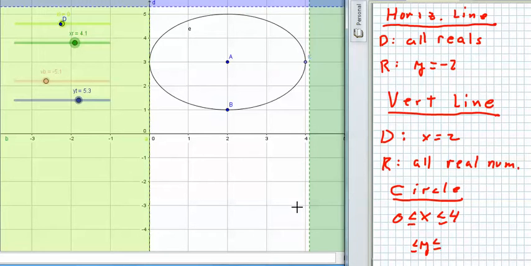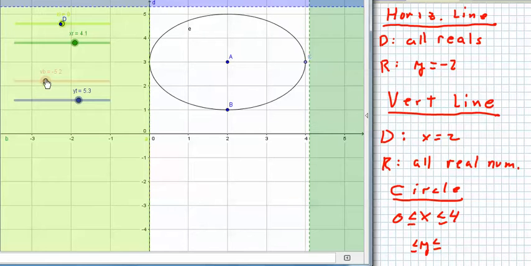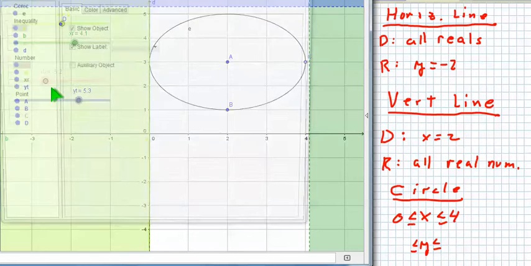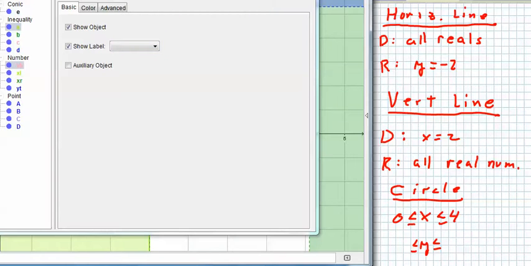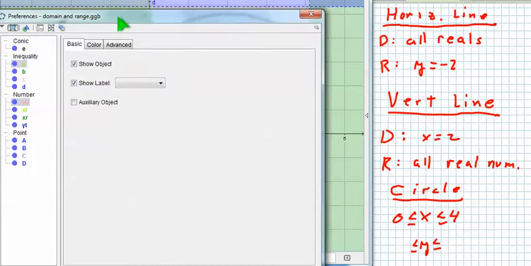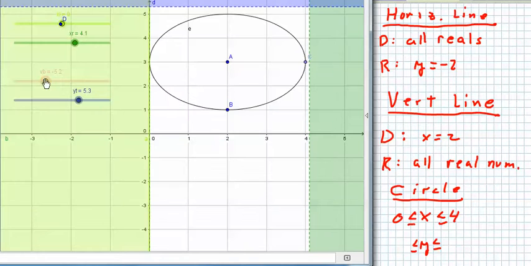Now, let's look at the y values. Okay, problem resolved. I'm going to slide this pink line up until I hit the graph. All my y values are above 1.